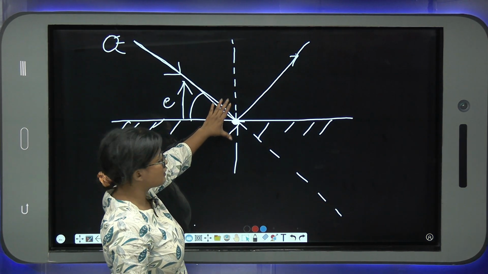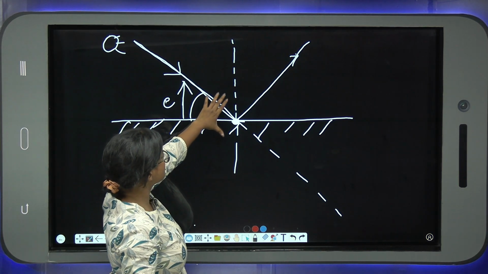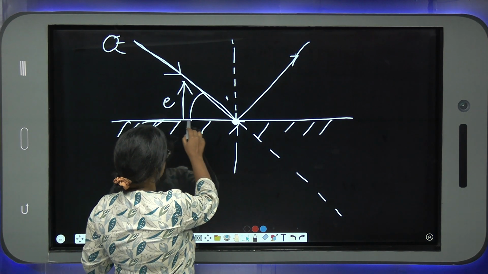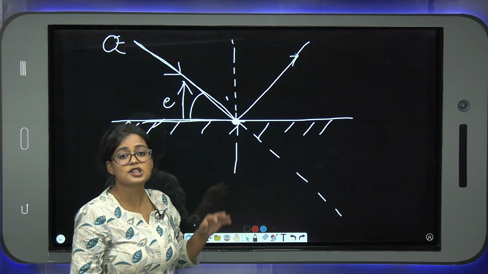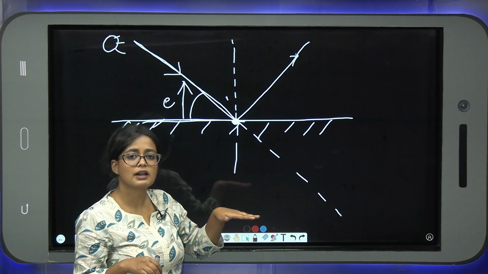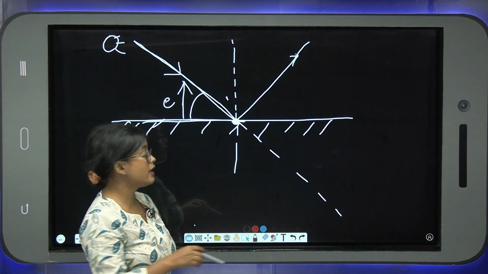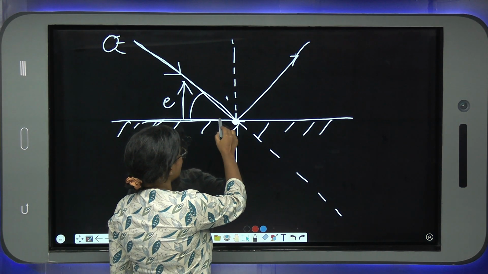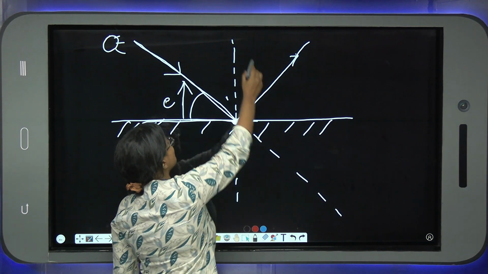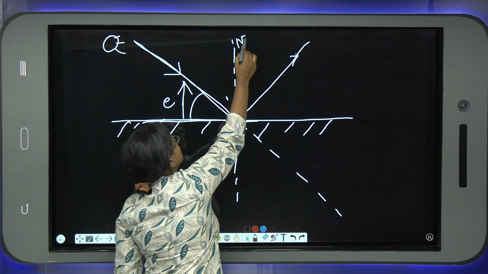Why are we drawing this normal, or what is the purpose of this perpendicular? To understand whether this surface is straight to the horizon or it makes an angle with the horizon, whether it is tilted or it is straight. To understand this, we draw an imaginary line which is called the normal.